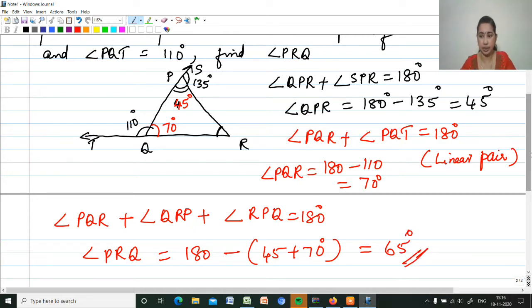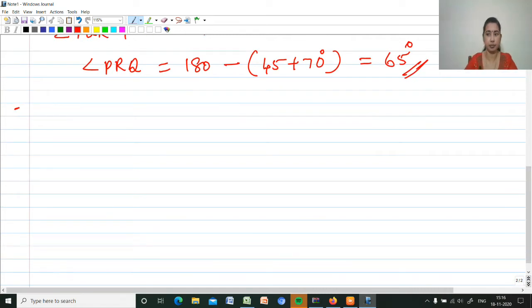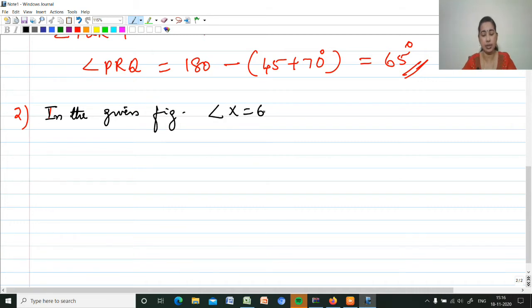Now second question. Question number 2. In the given figure, angle X is equal to 62 degrees, angle XYZ is equal to 54 degrees.